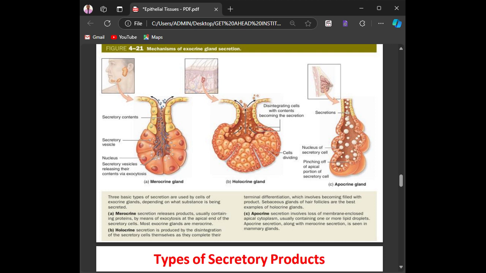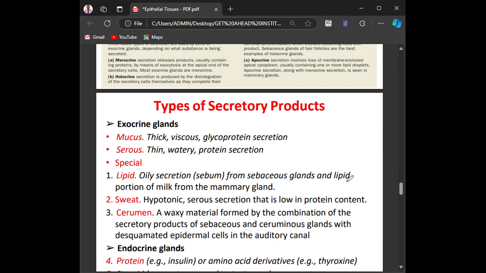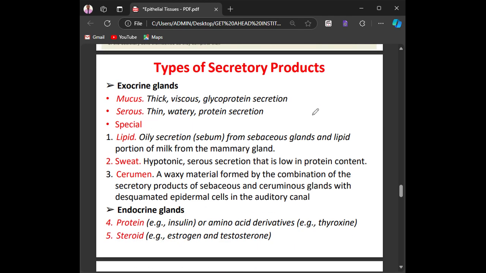The merocrine secretion can further be categorized as serous, mucus, or seromucus. Now let's talk about the types of secretory products.